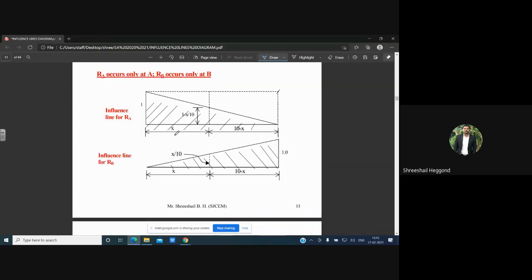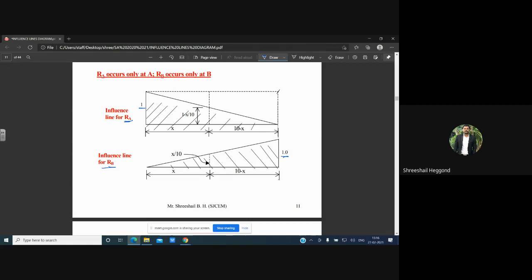It gives the maximum value 1 for RA and maximum value 1 for RB. That is the ILD for reaction at A and ILD for reaction at B. That gives you the clear-cut diagram for the unit quantity of loading conditions.